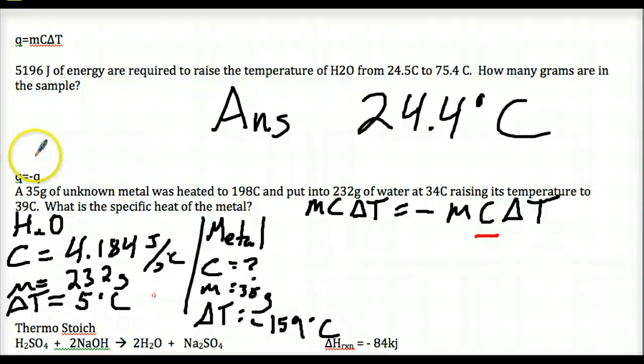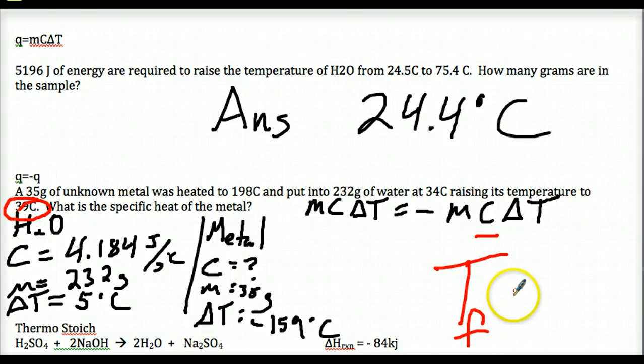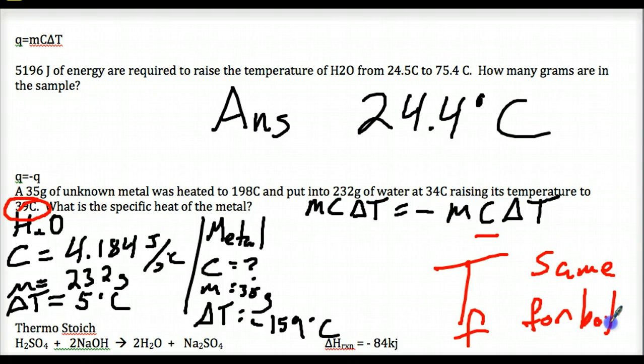Typically, the main issue is this guy right here, 39 degrees Celsius. Okay, why is that so difficult? Well, you have to realize and you have to know that in all these examples, when you have 2 objects coming into contact, final temperature is the same for both. Okay, same for both.